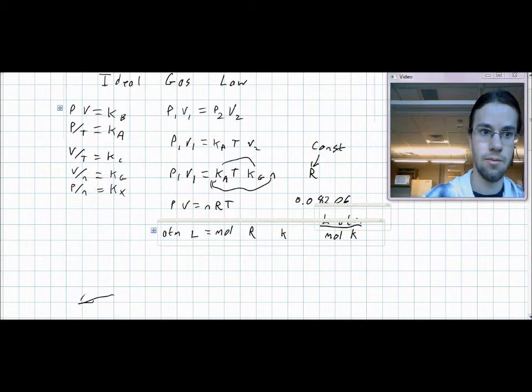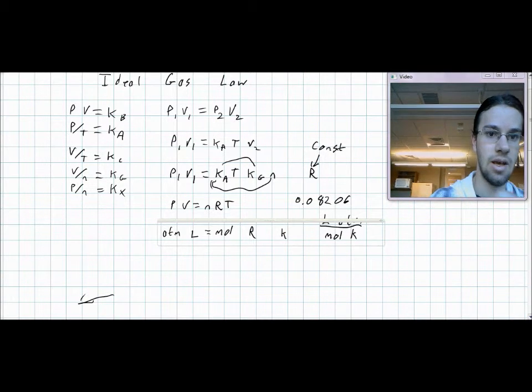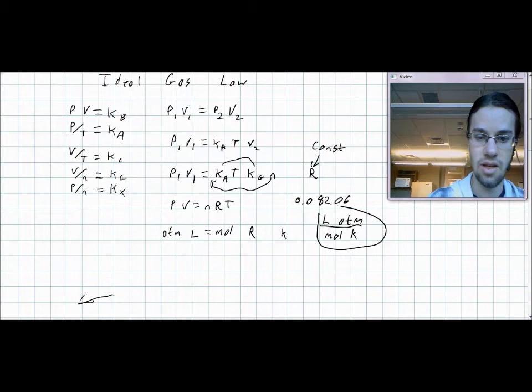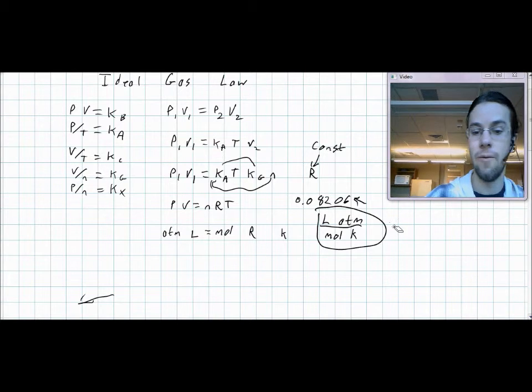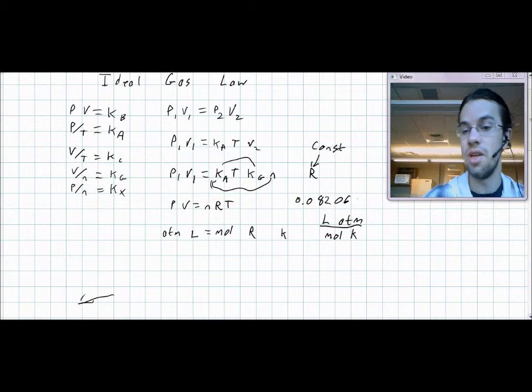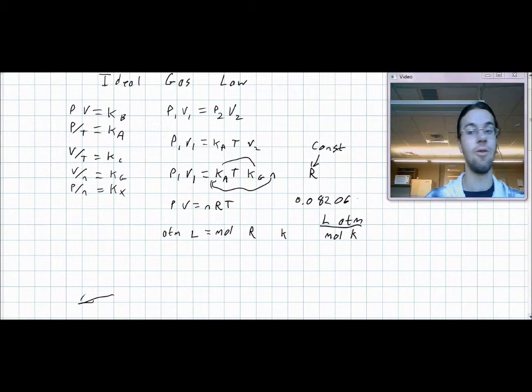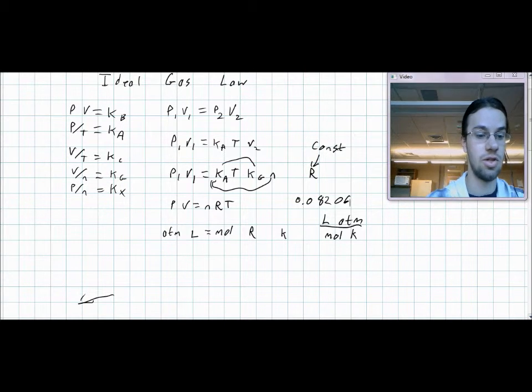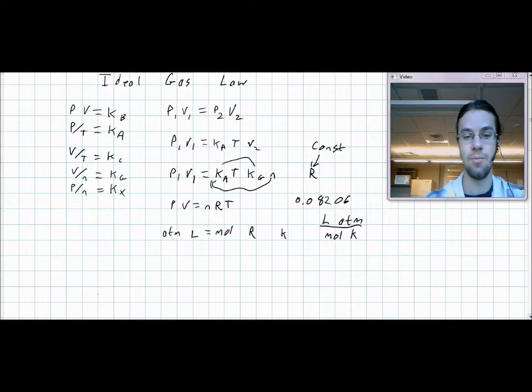So these are the units for this value of R. Now, if you change any of those units out, you need to go through a conversion. Those conversions are just a simple conversion factor, which you should be able to use by this point.